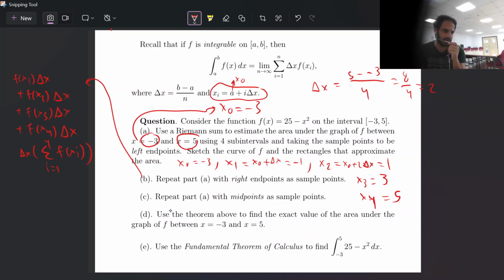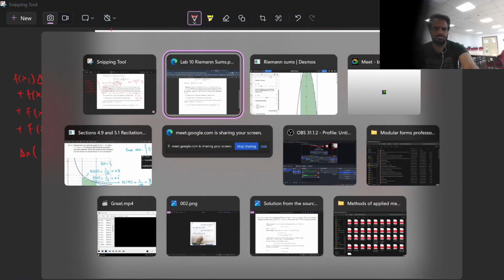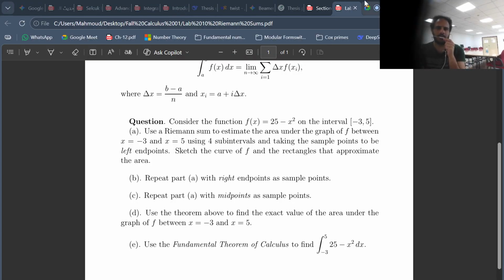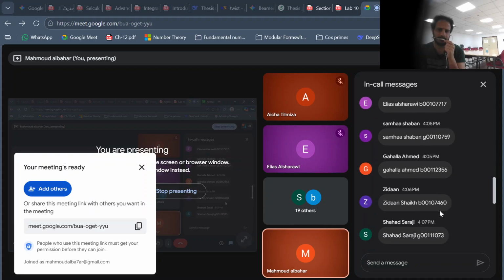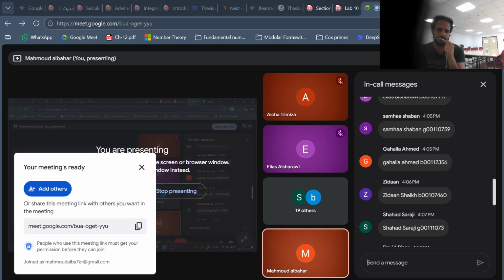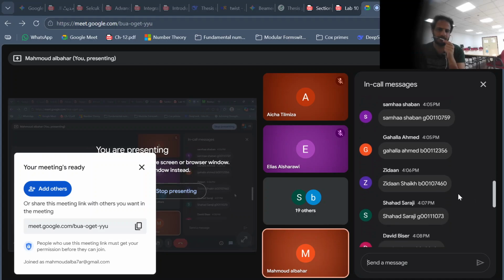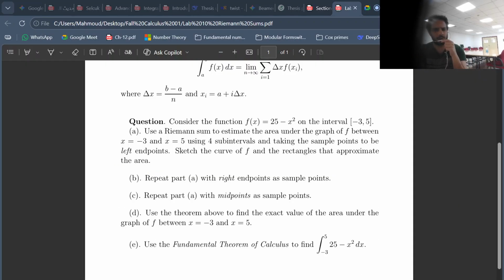Now for part C, midpoints. What do you think? How to find the midpoints? Do you know how to find midpoints?